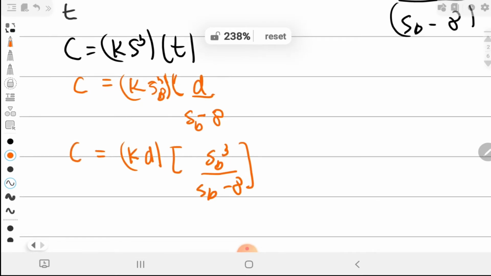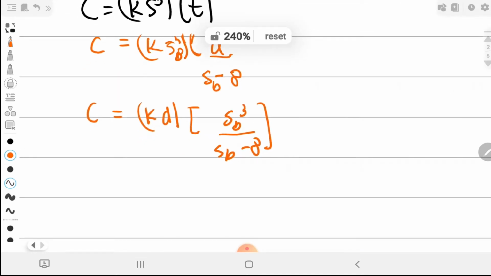So from here, in order to minimize my consumption, we need to take the derivative with respect to the speed.